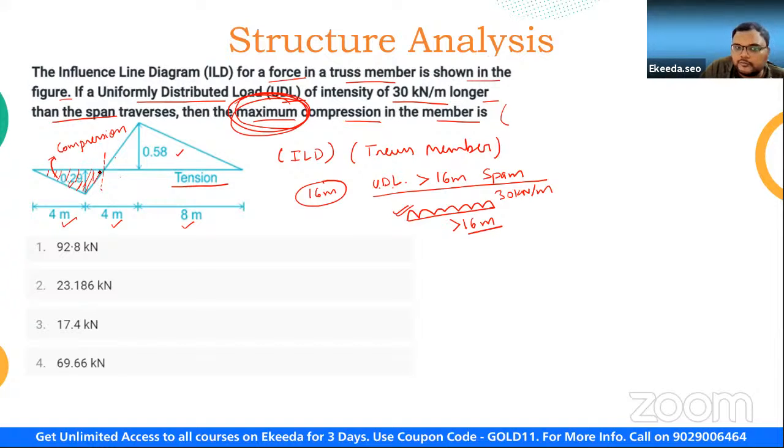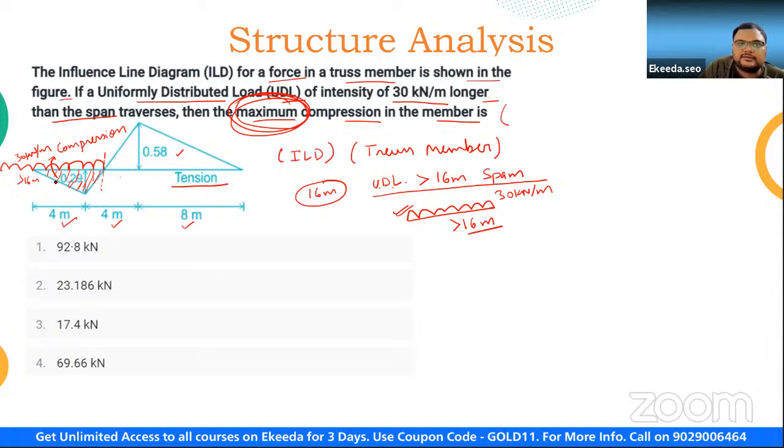We don't want to neutralize any compression value. So to determine the maximum value, we apply the UDL in this portion only, right? This 30 kilonewton per meter load, greater than 16 meter, is applied in this portion only.